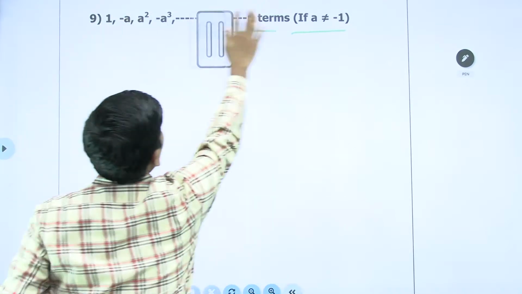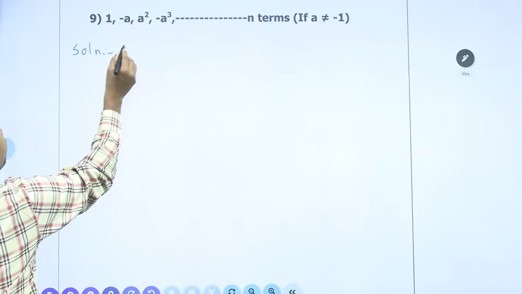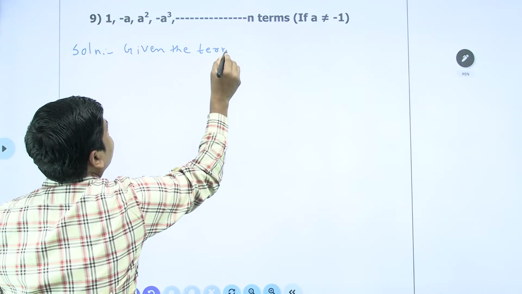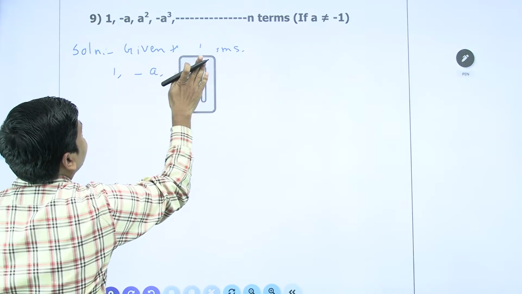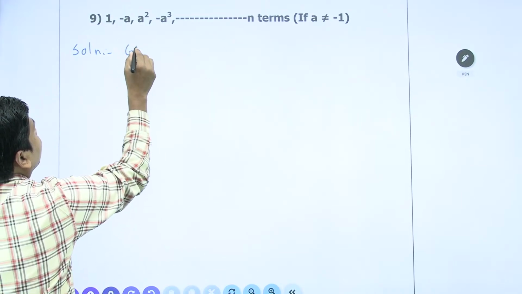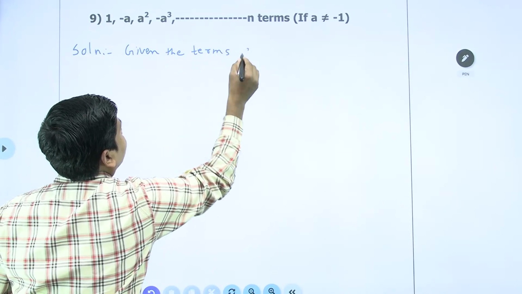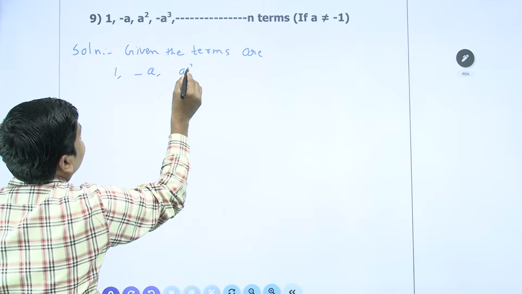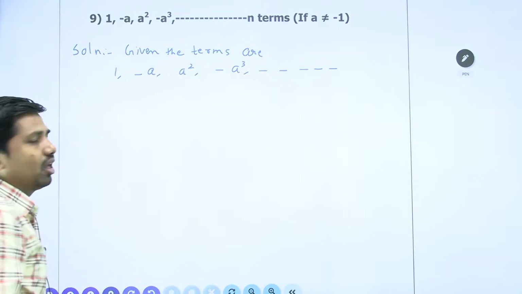Sn, given the terms are 1, minus a, a square, minus a cube, and so on up to n terms, you have to find.